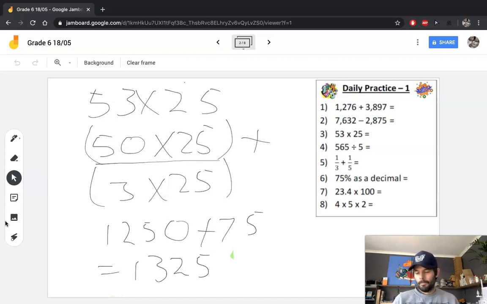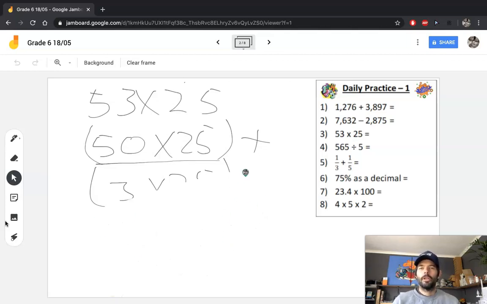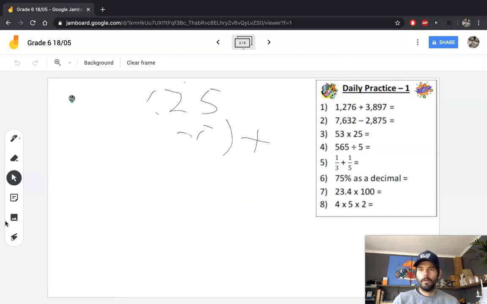Okay? Okay, cool. Yes, you could have done the column method there, no problem. And you also could have done a split strategy where you split the 50 and 3 and the 20 and the 5.